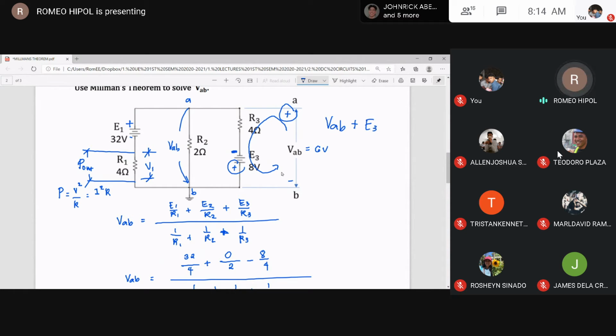But the problem here is that we neglect the effect of the voltage drop at R3. Initially, we need a current direction to determine whether the value of the voltage drop at R3 is positive or negative, right? But in this case, since we don't consider any current direction, just get the equivalent difference.